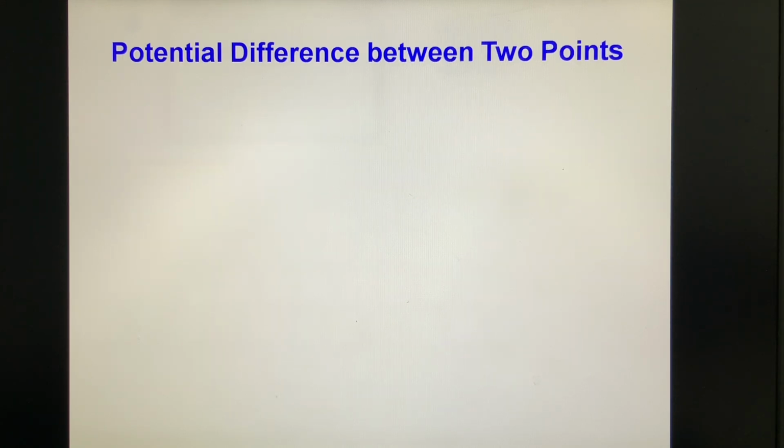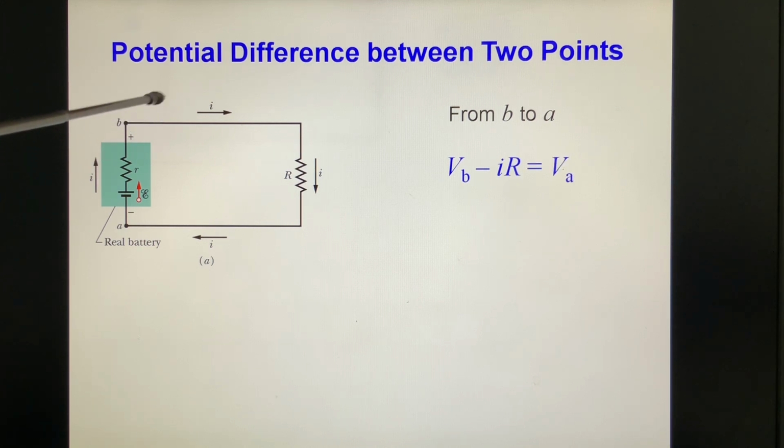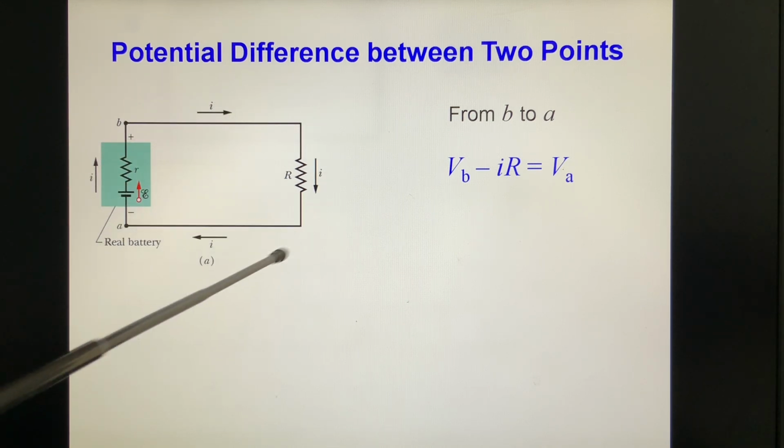Potential difference between two points. I want to find the potential difference between two points, like B and A. From B to A, I start with VB, go in this direction, minus IR, because I go so equal to VA.